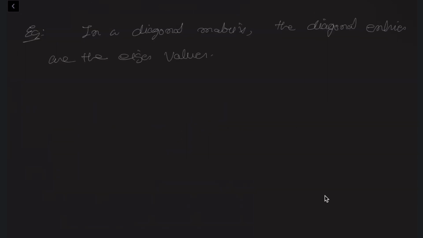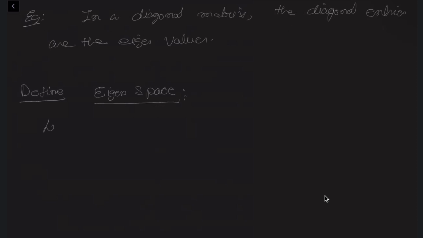So now let us define what we mean by an eigenspace. We saw what is an eigenvalue, we saw what is an eigenvector. Now let's talk about eigenspace. Let T be a linear operator on V. Operator means a linear transformation from the vector space V to itself.